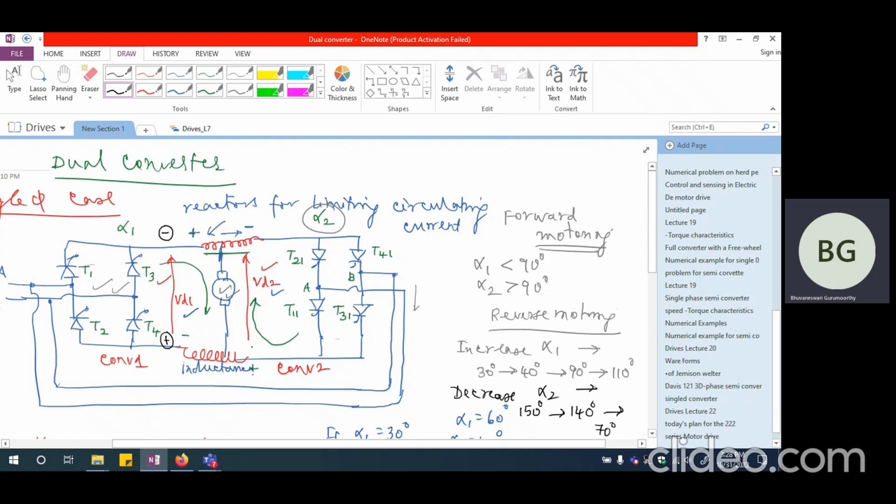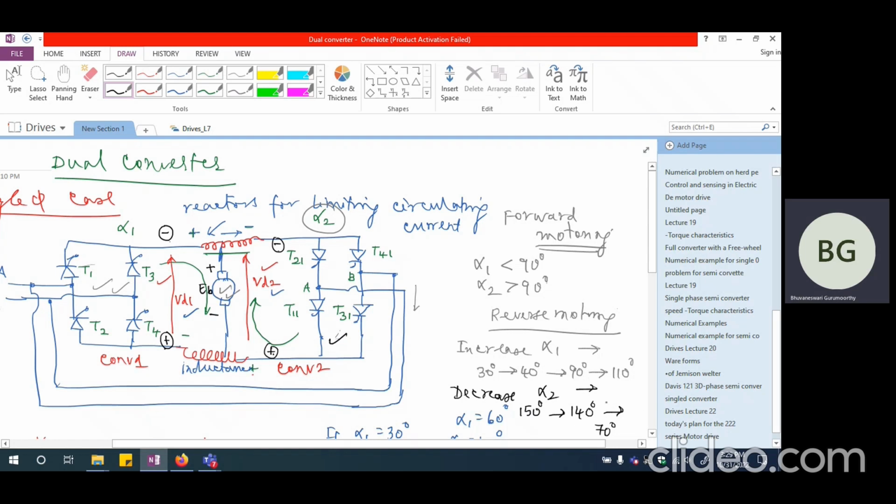When it had come to 70 degrees, this will start working as a rectifier or motoring zone of operation. So this will have plus and this will have minus. And what you had seen as the back EMF originally would have had this as plus and this as minus. Now this is plus and this is minus, and this is also plus and this is minus.